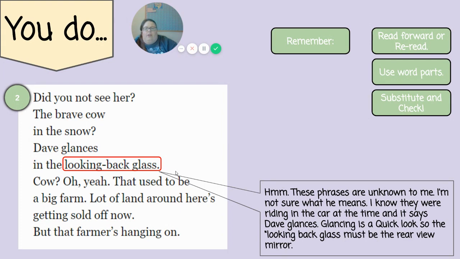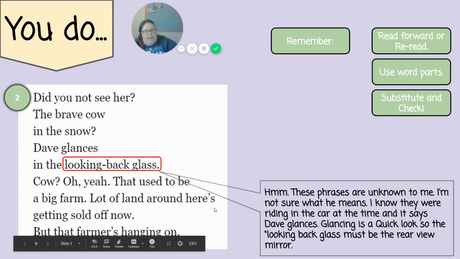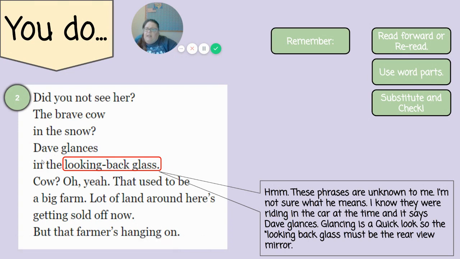So remember, read forward or reread, use word parts, substitute and check. As I think about the looking back glass, I think, they're in the car. He's got the seatbelt across his chest. Now, who's doing the actual looking around? It says Dave glances in the looking back glass. Well, I know that Dave is the driver.